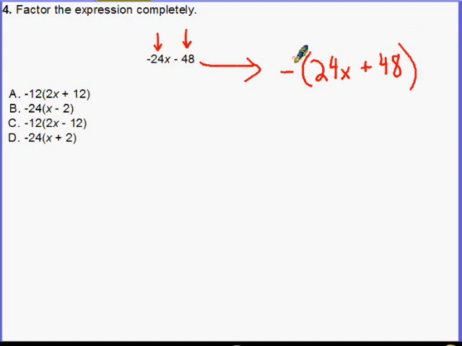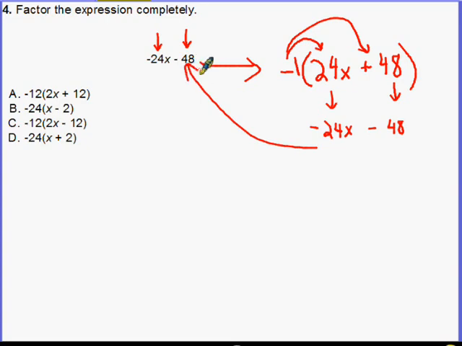And I can prove that this is the same because watch. If I put my invisible 1 right there and I multiply negative 1 times 24x, a negative times a positive is going to equal negative 24x. A negative times a positive is going to equal a negative 48. You see how it's the exact same?